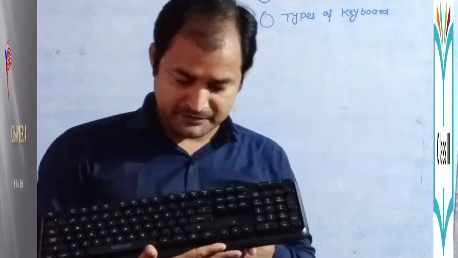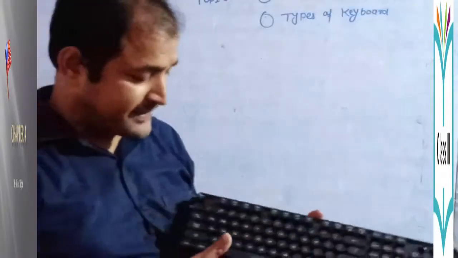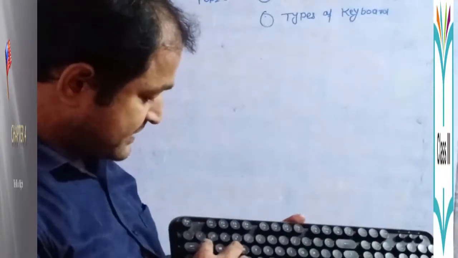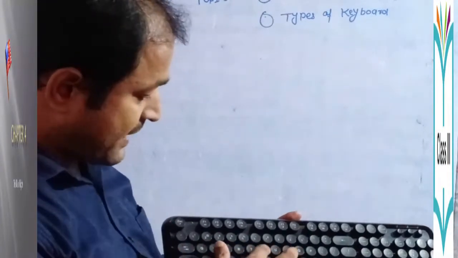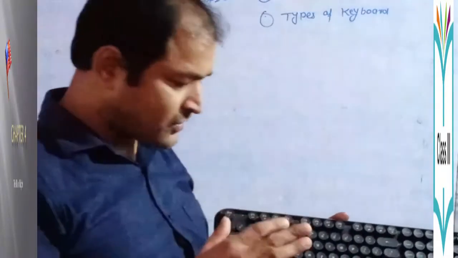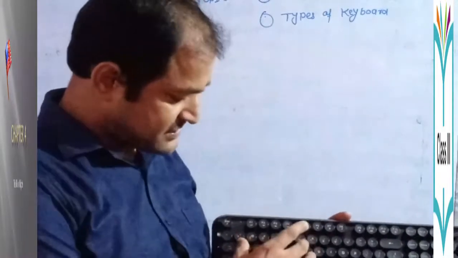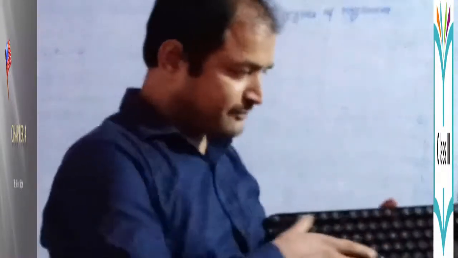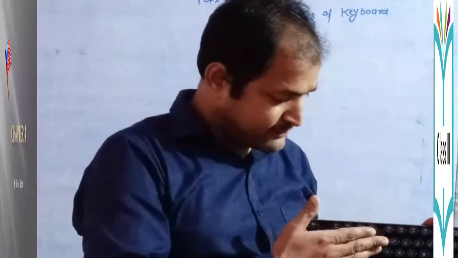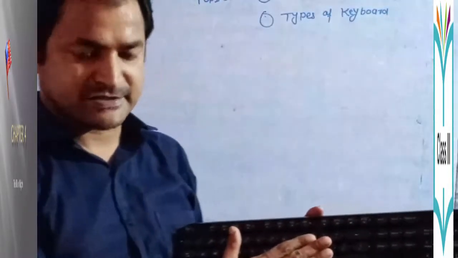There are three types of keys on the keyboard. First, the alphabetical keys. This is the QWERTY. All these keys are called alphabetical keys, but they are not arranged in alphabetical order. I repeat, this keyboard is divided into three parts.